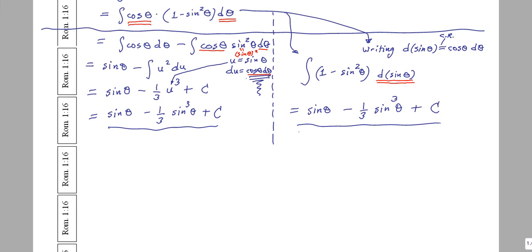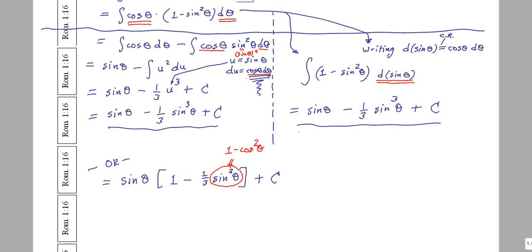Now let me also repackage this result. Another way of writing this is as follows. I've got a sine theta and a sine cubed theta, so let's pull out a sine theta in common. Then I get 1 minus a third of sine squared theta, plus that constant outside of the brackets. Remember that sine squared is equal to 1 minus cos squared theta.